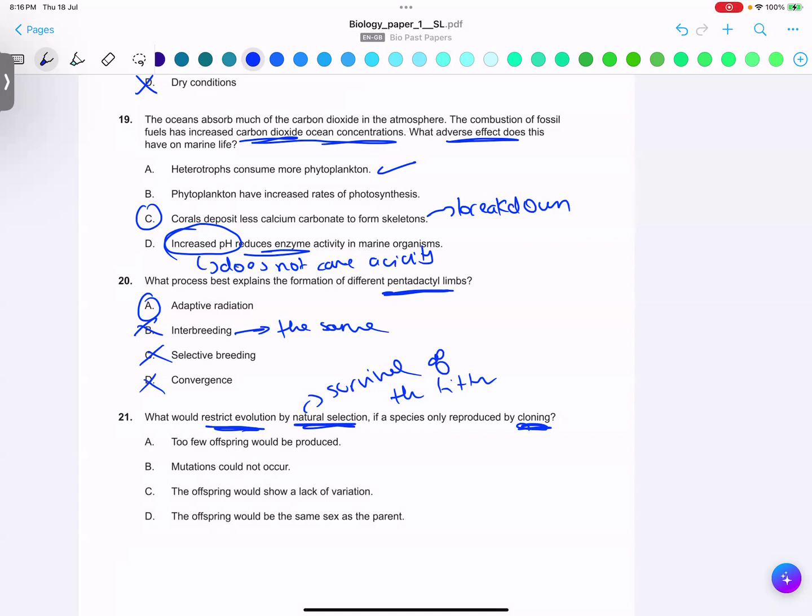The offspring would show a lack of variation, which is true because it's literally cloning. And our last option is the offspring would be the same sex as the parent. This would restrict evolution definitely, but not by natural selection. So you have to be careful with the wording of the question.